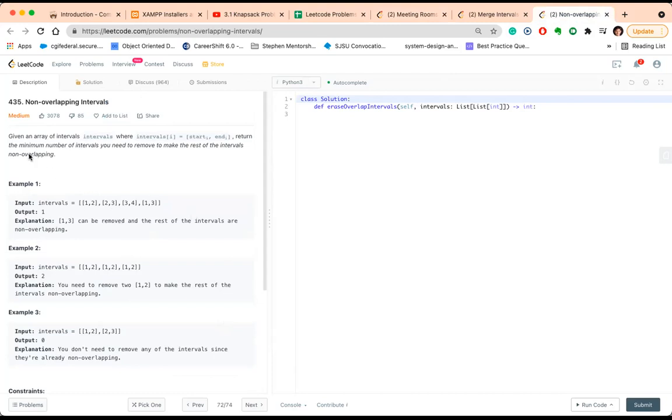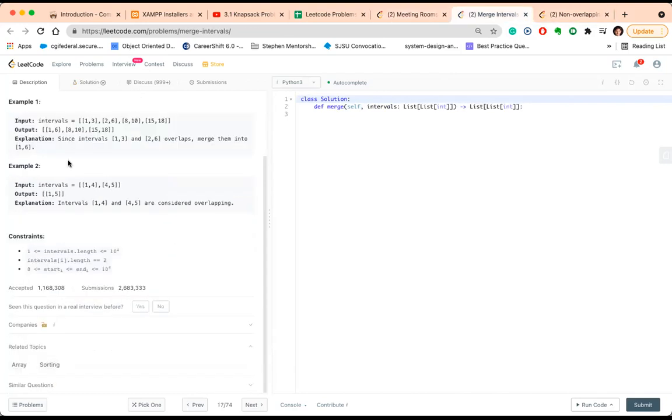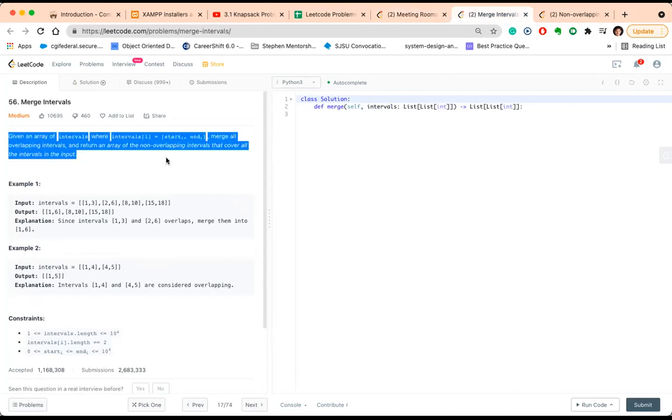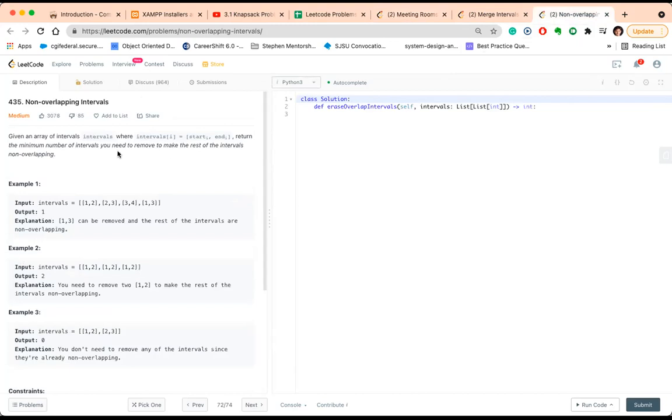And then one easy way to spot this: once we solve meeting room and merge interval, it is just about merging all overlaps, or about all meetings. But the next sequel of that problem could be to return the minimum number of intervals. So there comes the word minimum, there comes the optimization part.